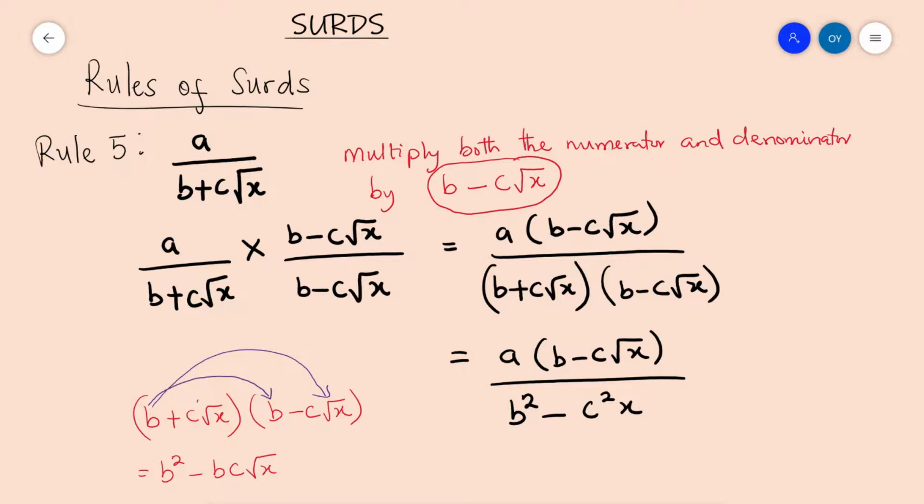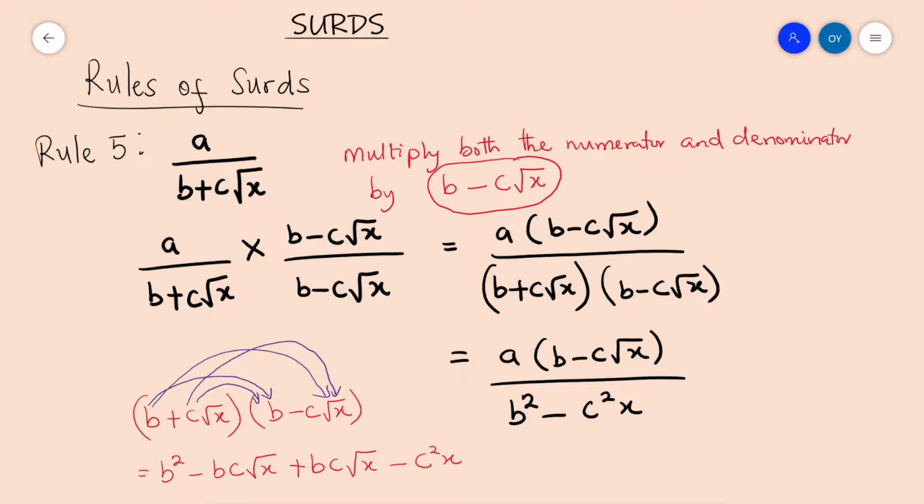Also c root x multiplies b, we have plus bc root x. Then c root x multiplies negative c root x, we have negative c squared x.